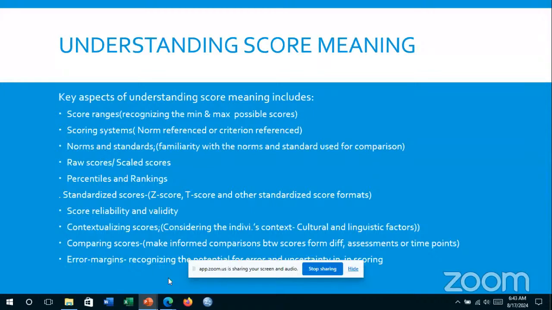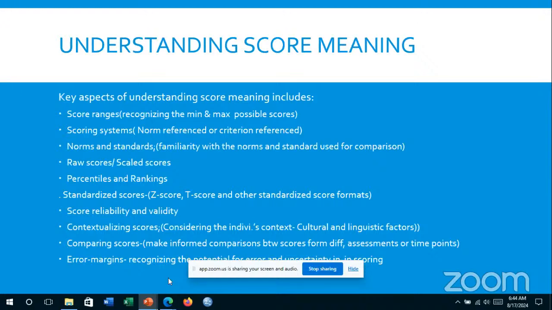So just to continue from where she left off, scoring is important, and there are key aspects of scoring: the ranges, the system of scoring, how it is compared to the normogram or the criterion.